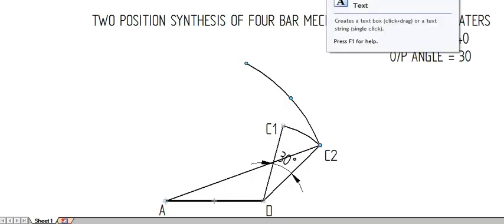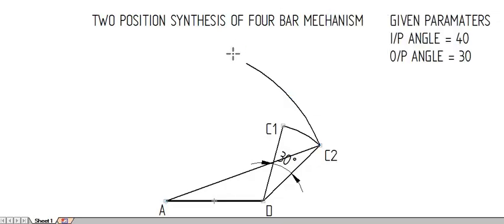I am marking the end point of that arc as C2 dash. Now I am going to join point A and C2 dash and also mark that angle.